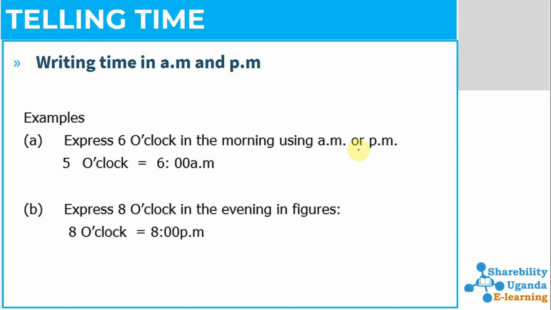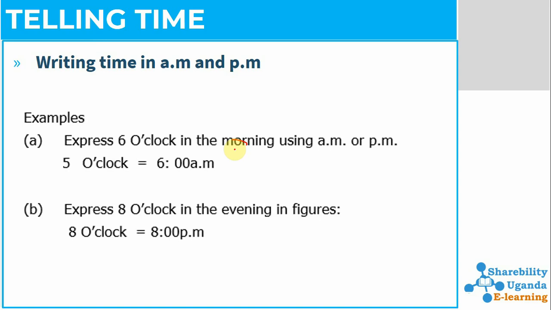So here they are saying we have 6 o'clock, which is equal to 6 a.m. Why are they saying 6 a.m.? They are able to start from this period because they were talking about morning.